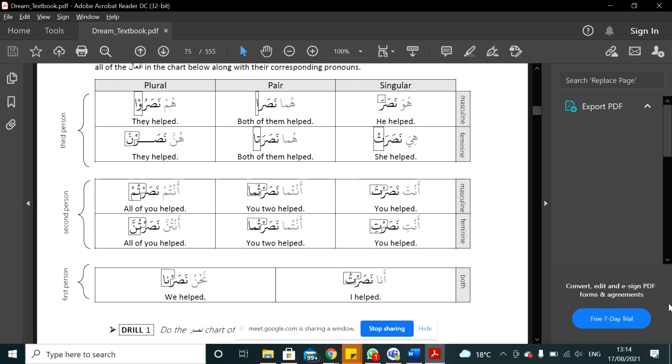So this is one of the indications that if you find a sukoon on a word, then it is a fail, right? And this sukoon and these harakat that are boxed in this chart are something you have to pay attention to and remember, because the word before it can change, but these harakat or this combination are going to tell you what pronoun is hidden inside the fail. Are you getting it?